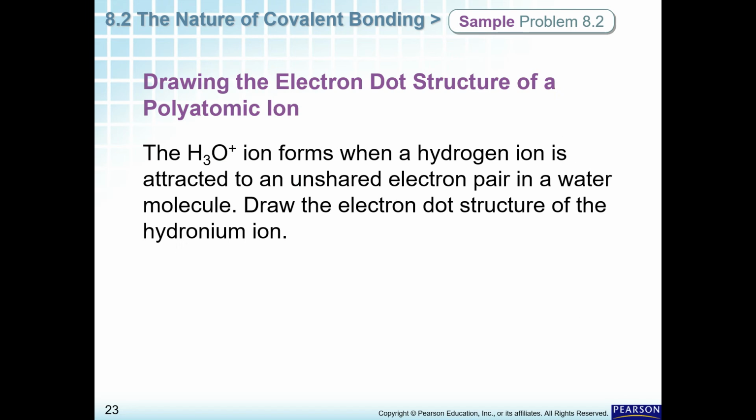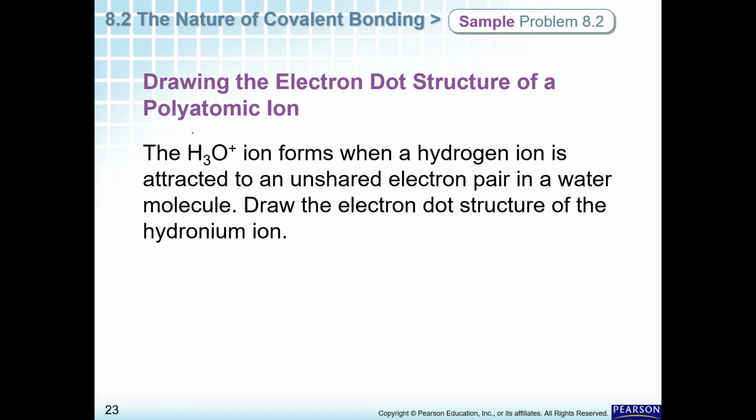Here we're going to look at an example together. We have H3O with a +1 charge. This forms when a hydrogen ion is attracted to the unshared electron pair in water. We're going to draw the structure for this. First, we have to add up the total amount of electrons that we are allowed to use.